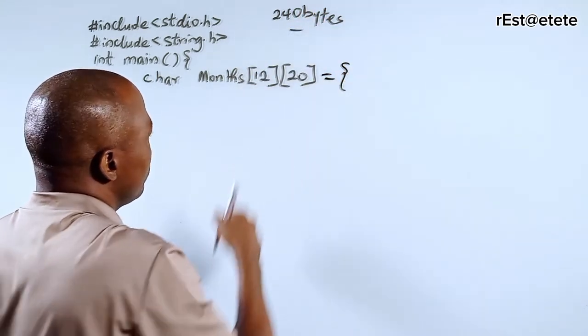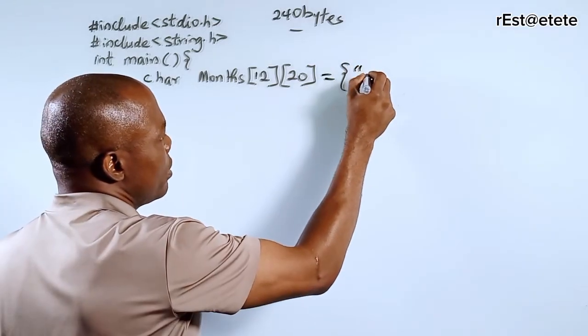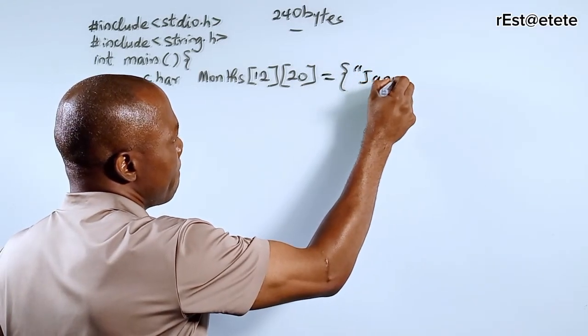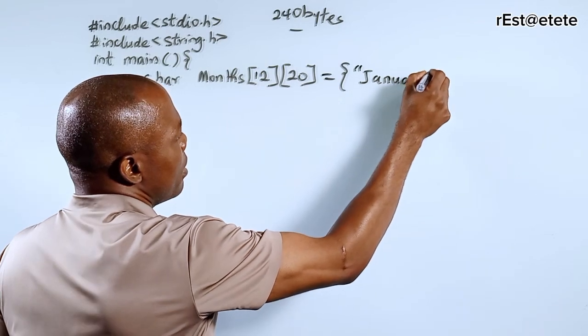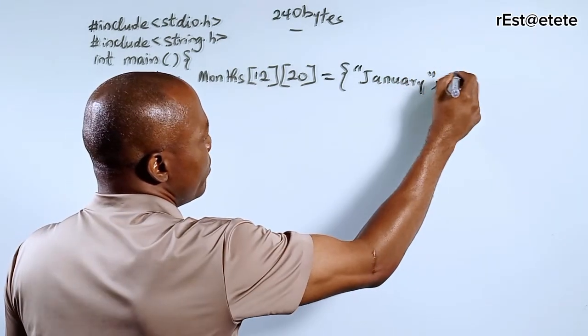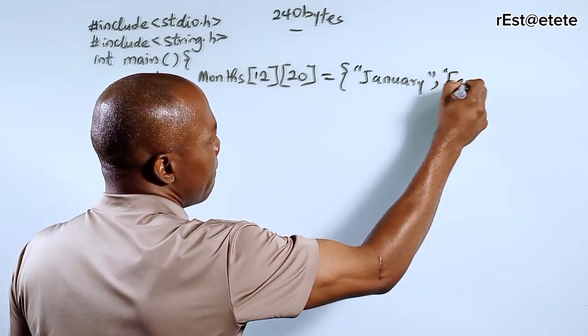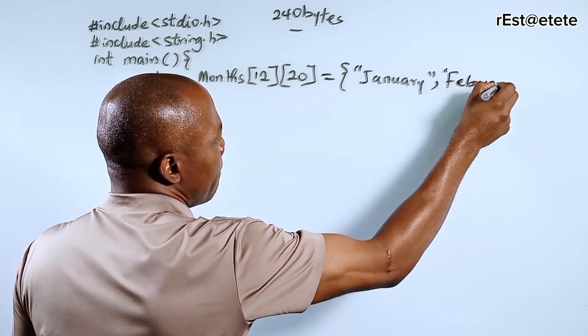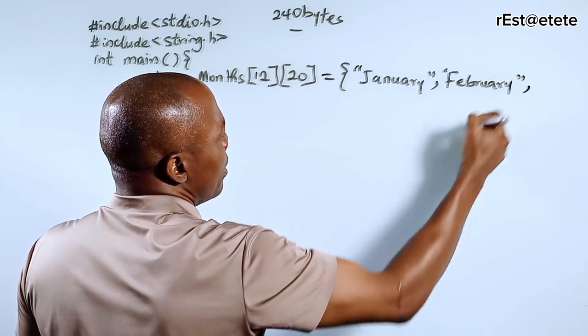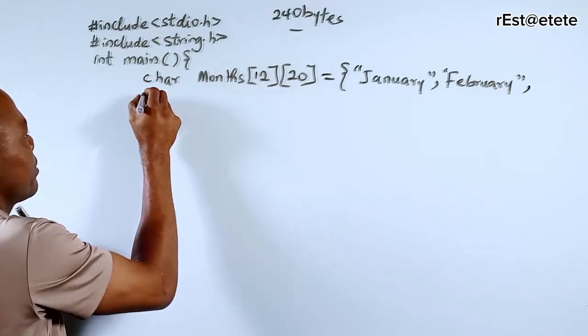Then now I am going to do this. My first one is January. The next one is February. Then the next one will be March.